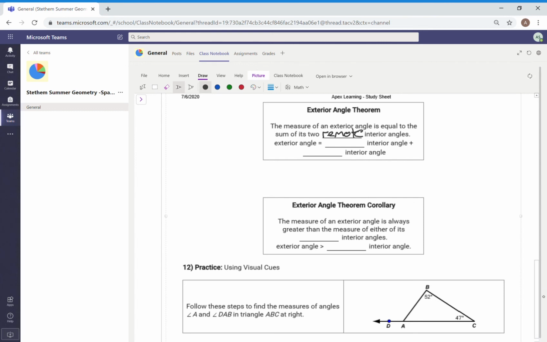So the exterior angle will equal remote interior angle plus the other remote interior angle.